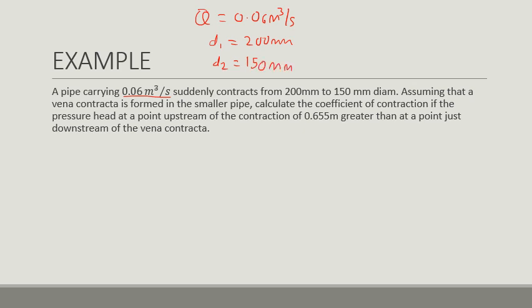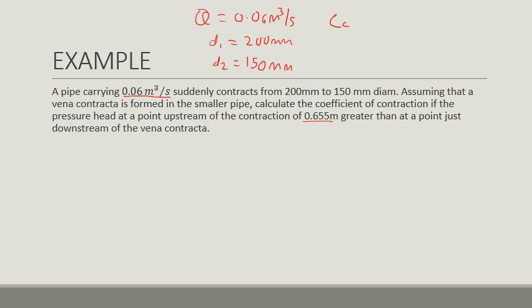Assuming that a vena contracta is formed in the smaller pipe, calculate the coefficient of contraction, Cc, if the pressure head at a point upstream of contraction is greater than at a point just downstream of the vena contracta.